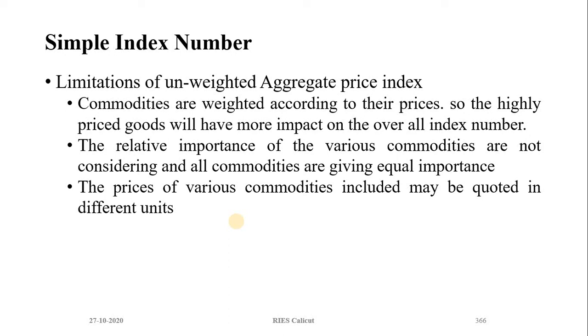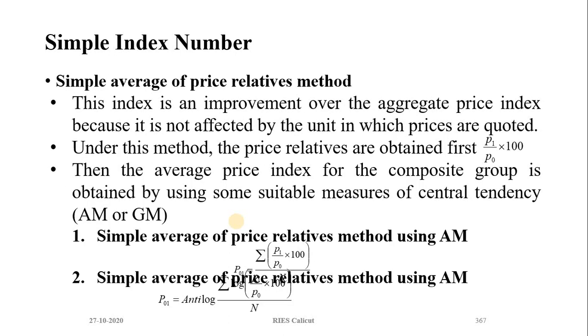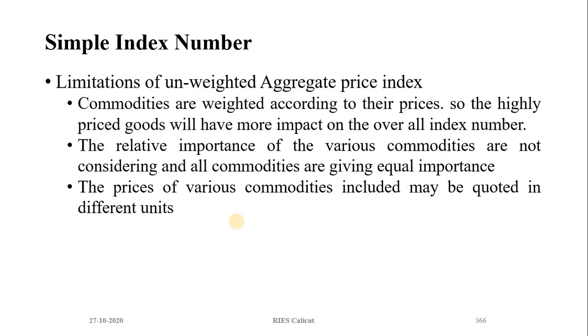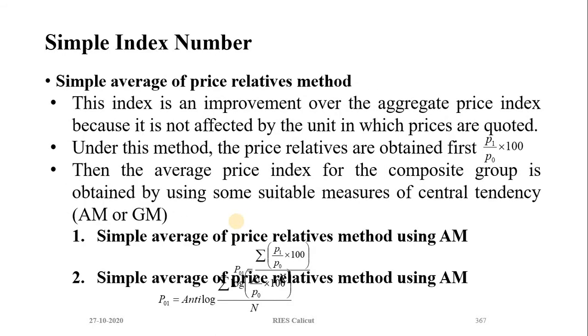Okay, so in the simple aggregate price index number and single price index number, one more method is there. So the third method is the simple average of price relative method.